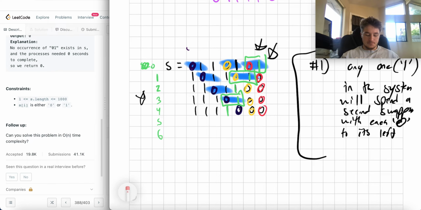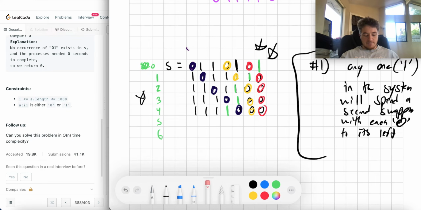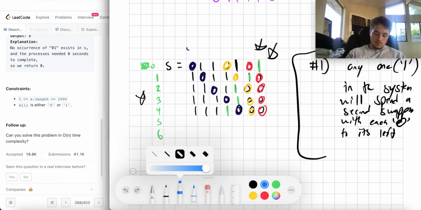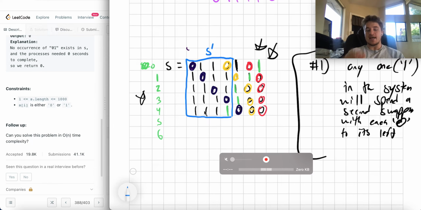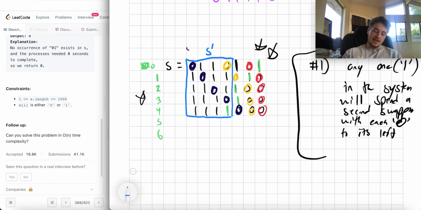The second observation is that for any system like this, so if we looked at this system individually, here, so the first 4 characters, if it takes S prime seconds for this smaller system to finish, it's going to take at least S prime plus 1 seconds to sort this remaining system.